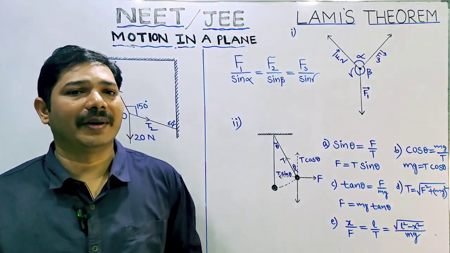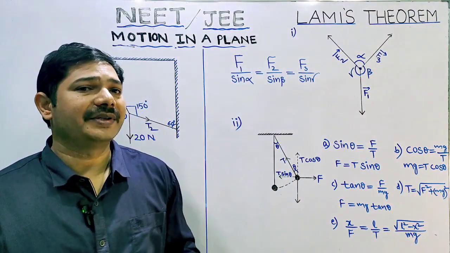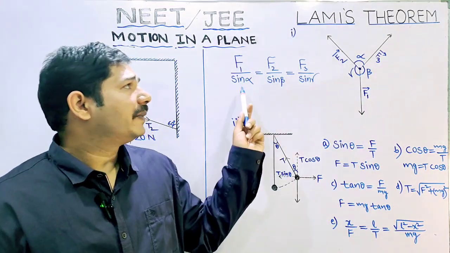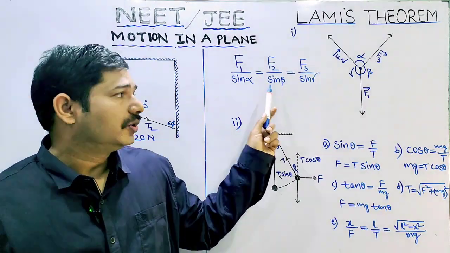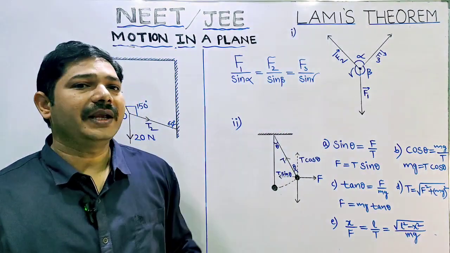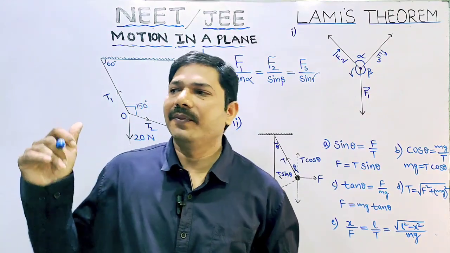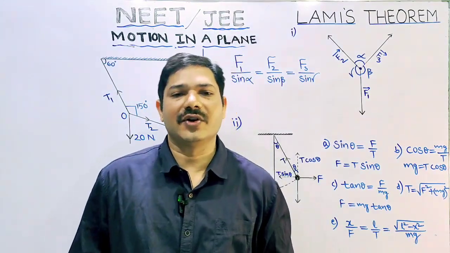And the F3 force is proportional to the sine of the angle between the other two forces, F1 and F2, that is gamma. So the formula of Lami's theorem is F1 by sine alpha is equal to F2 by sine beta is equal to F3 by sine gamma. Using this formula, we can easily solve such types of numericals.